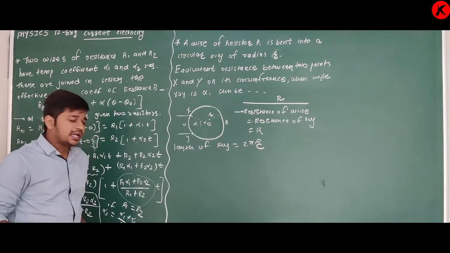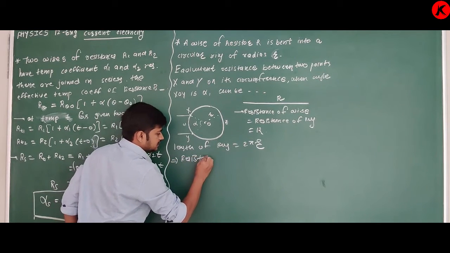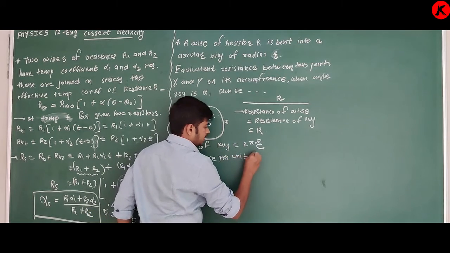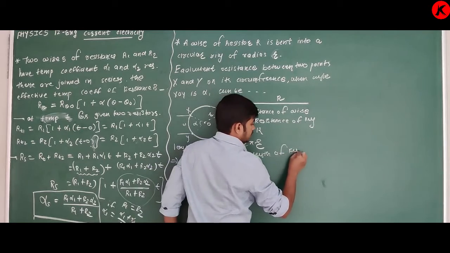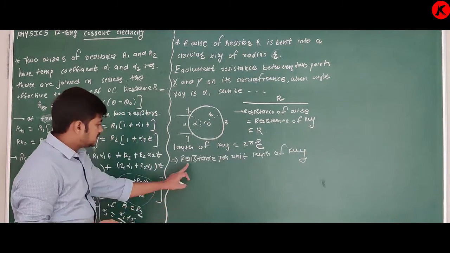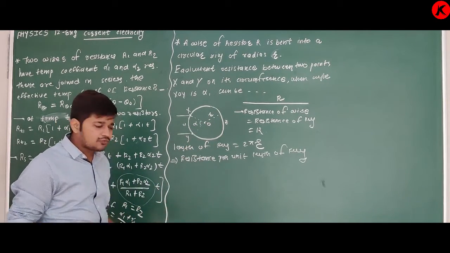So first of all, I have to find one thing, that is the resistance per unit length of the ring.